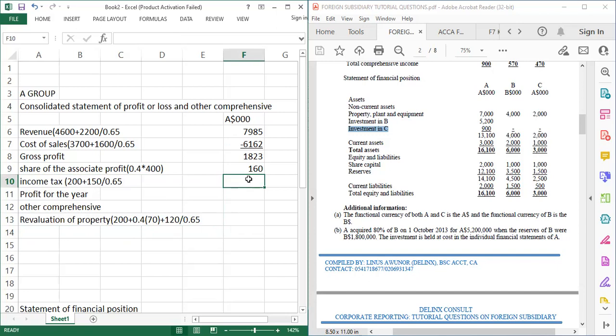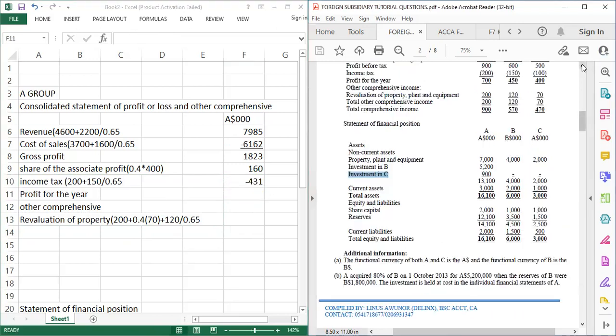The income tax is 431. This is also an expense. So let's now see what we can have.